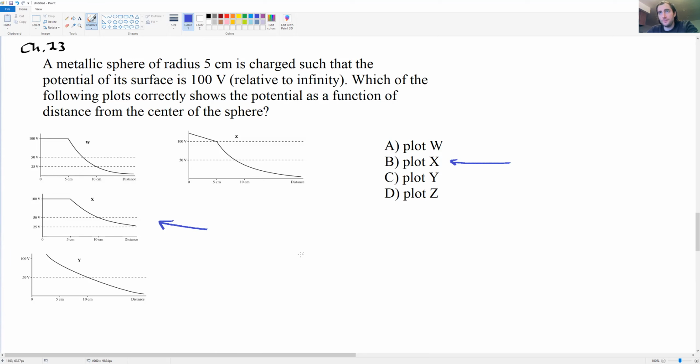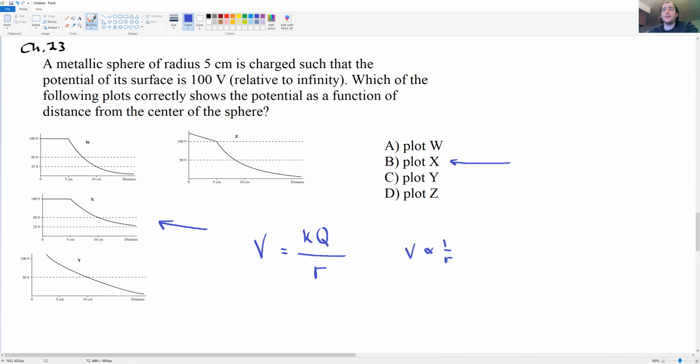The potential on the surface of the sphere is 100 volts, and of course it must decrease as kq over r, similar to a point charge, because spheres have spherical symmetry, and point charges have spherical symmetry. So the potential should fall off proportional to 1 over r.